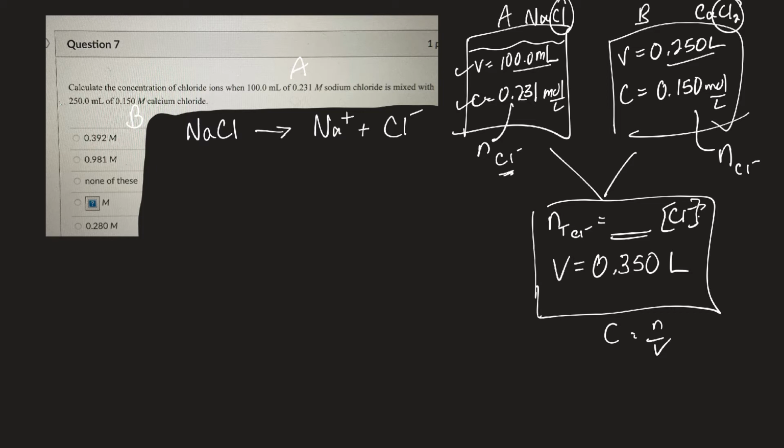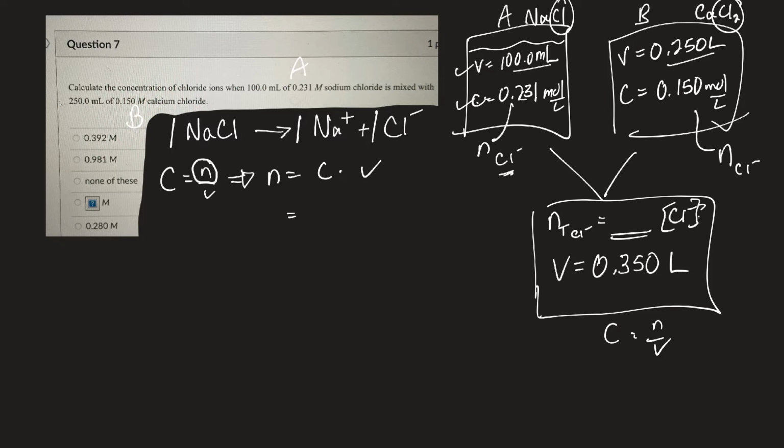Balance, oh, it's balanced. So for every one of these, I have one of those and one of those. Okay, so let's figure out the moles then. So my formula is C equals n over V. Because I have a V and a C, I'll use this one.